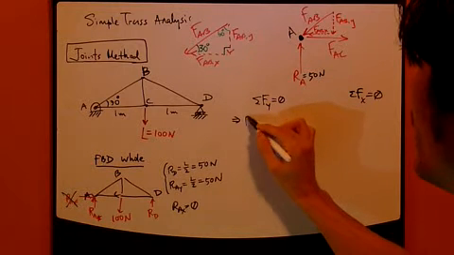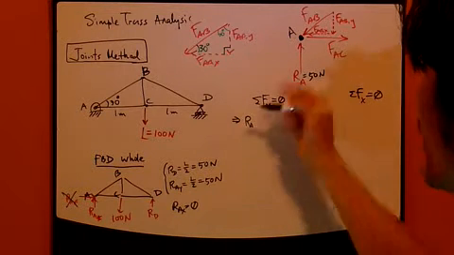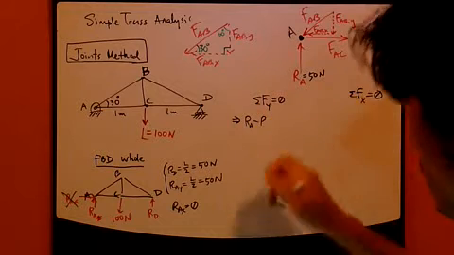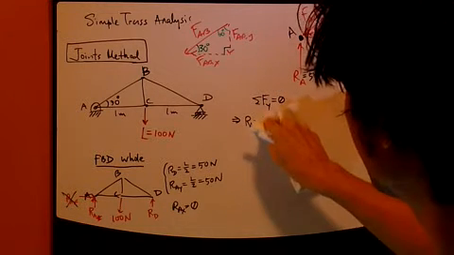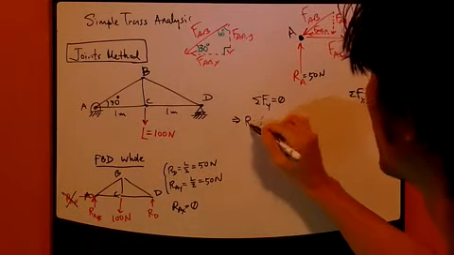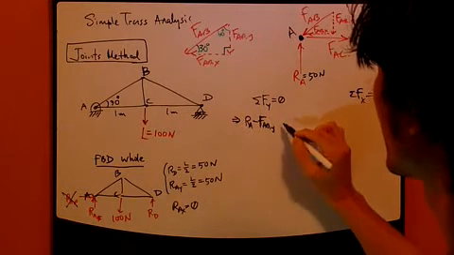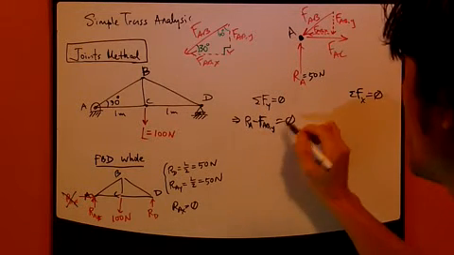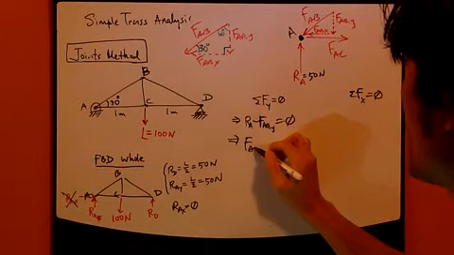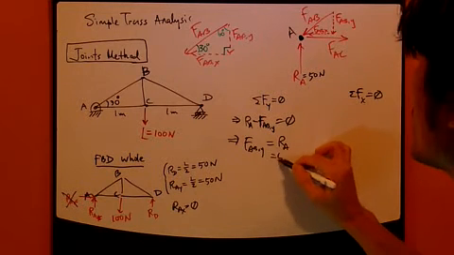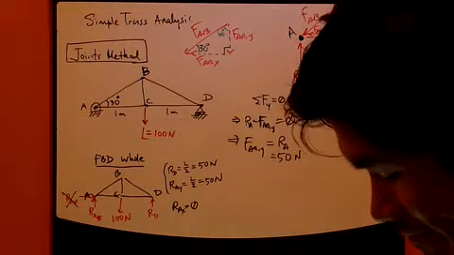I have my RA pointing up, so positive, and then negative FABY, and that's it. So 0. Therefore, FABY equals RA, which is 50 newtons.